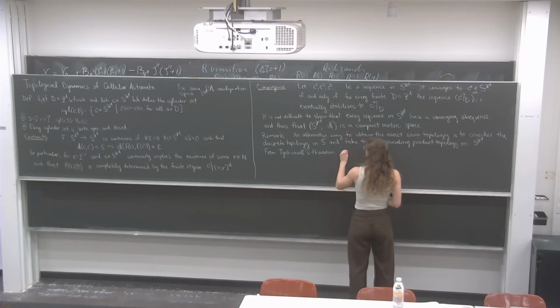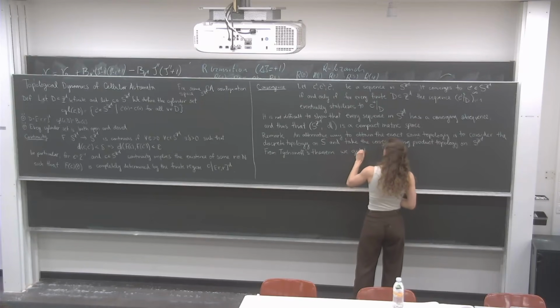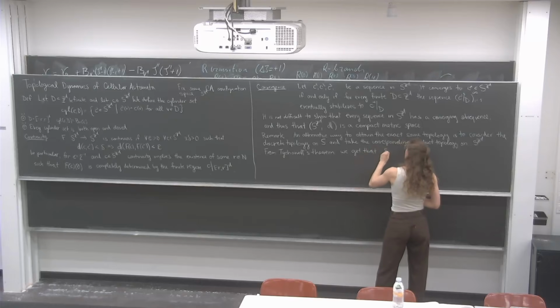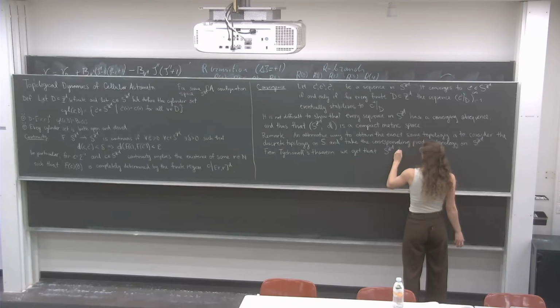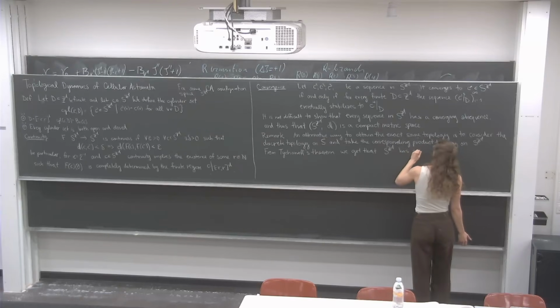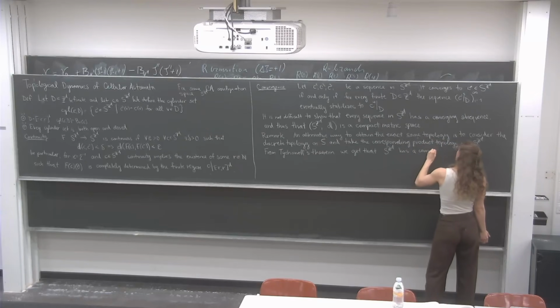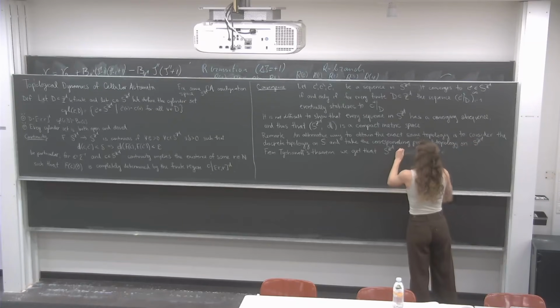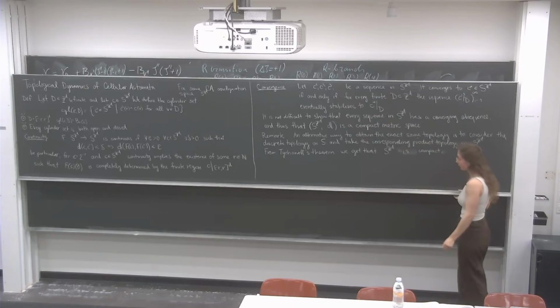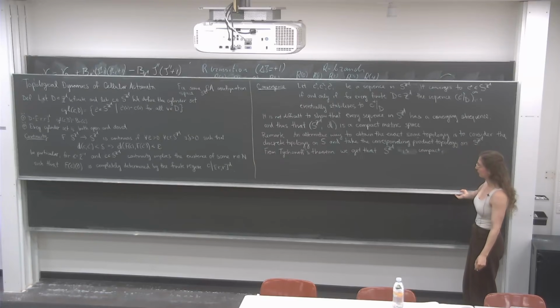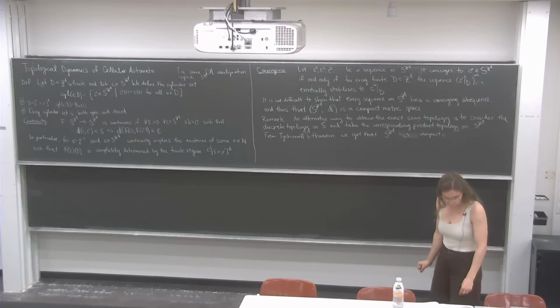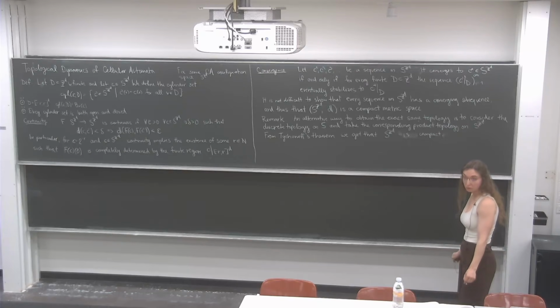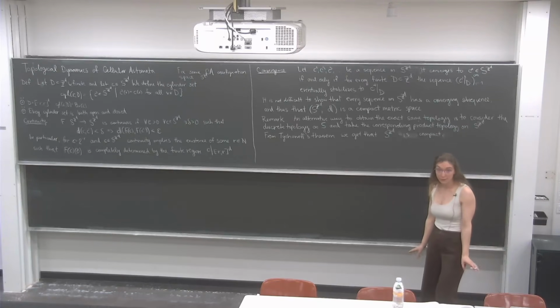So we get that S to the Z to the D has a compact topology. Are there any questions?